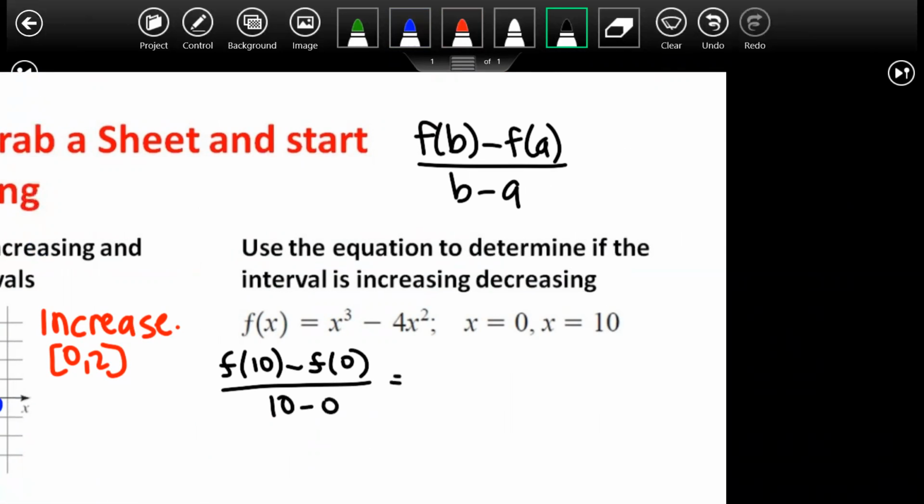When you plug in your first value, 10 to the third power is 1,000. 1,000 minus 400 is 600. So I'm just going to do this in my head just to save some space and time. F of 0, anything times 0 is 0. 0 minus 0 is just 0. And then 10 minus 0 is just 10. So when you plug those in, we're going to get 600 over 10.